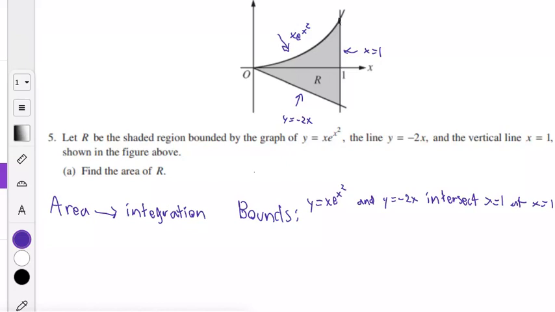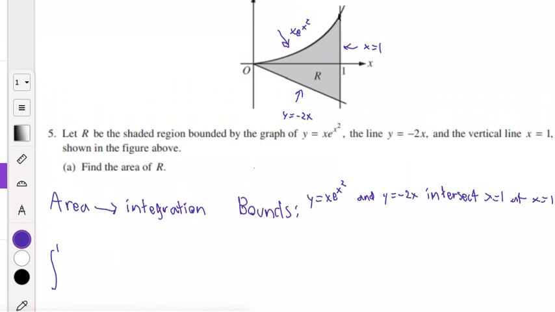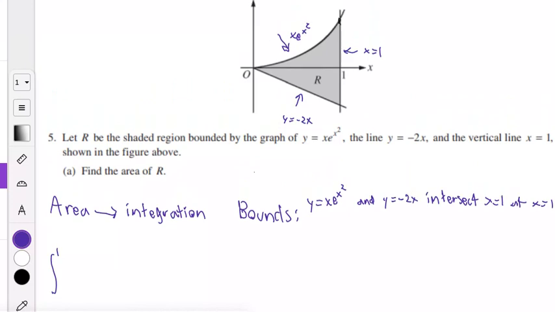Next, let's find our left bound. So that gives us our bound to the right. We know that the top bound of this integral is going to be 1. So let's write this down here. Next, we have to find our bottom bound. So we can see right here, it looks like xe to the x squared and y equals negative 2x intersect at the origin.